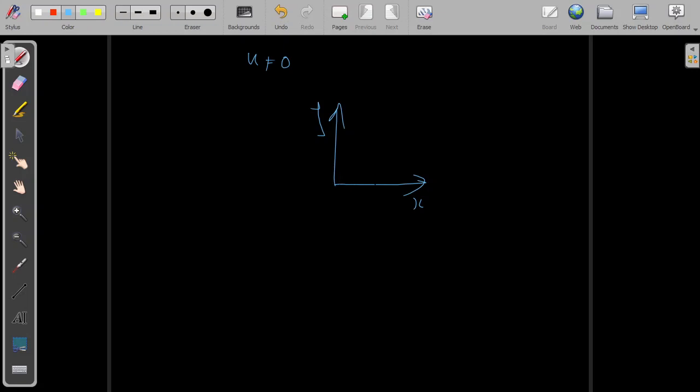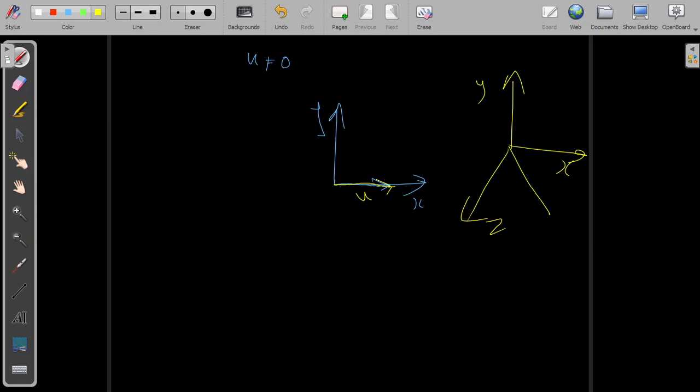For example, this is a non-zero vector. And in R^3, it will be in 3D, like xyz.